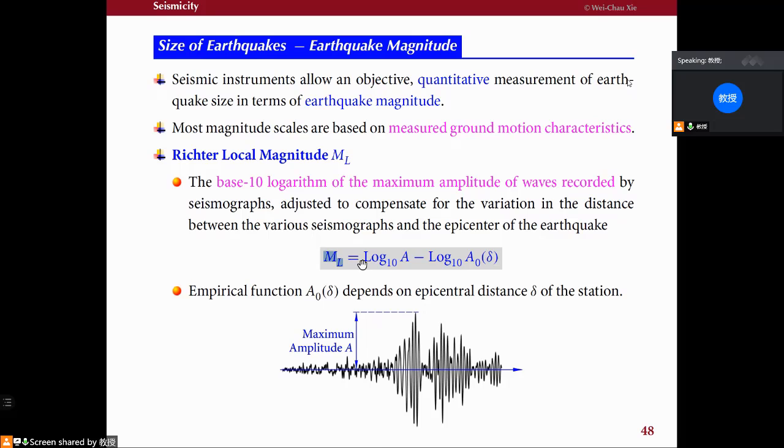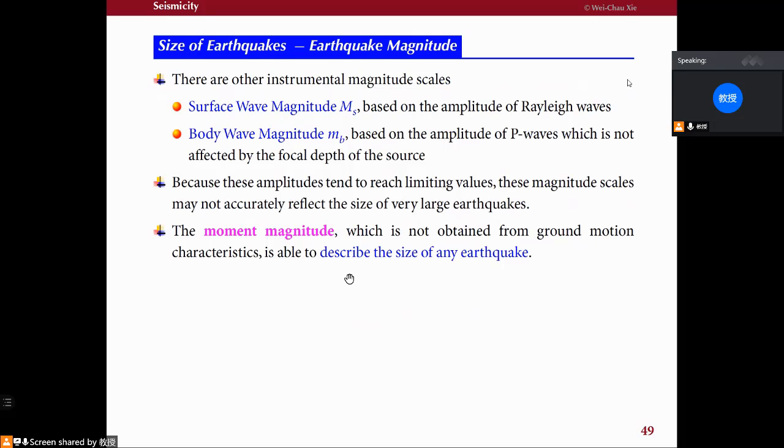The log base 10 of A, and A0 is an empirical function that depends on the epicentral distance, delta, of the station. And we have other magnitude scales. For example, surface wave magnitude, MS, is based on the amplitude of the Rayleigh waves.